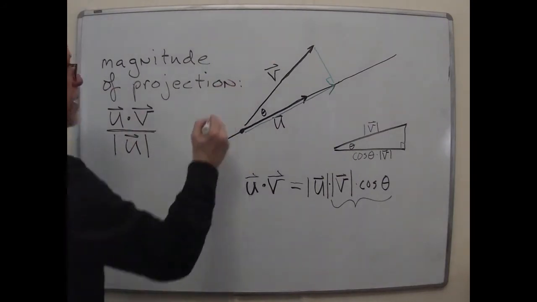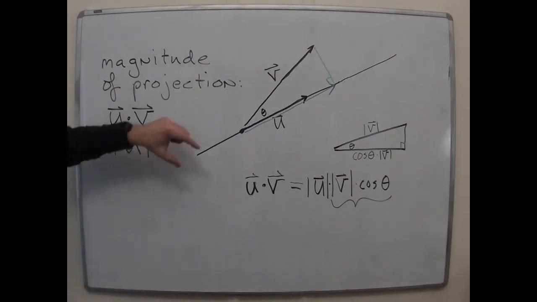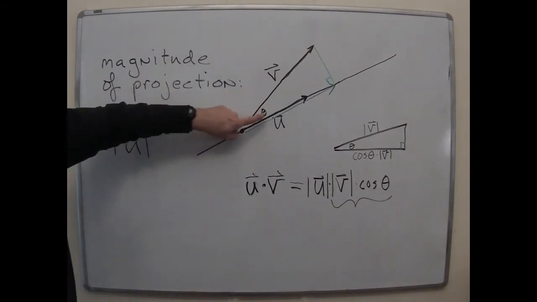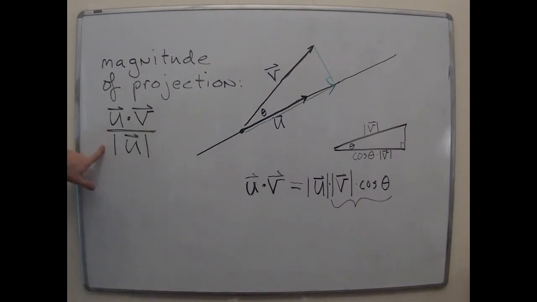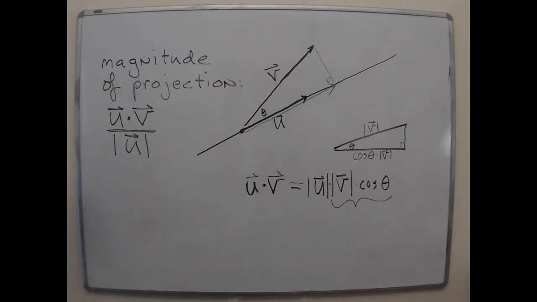Very nice. So if I actually want to know what the green vector is, here's the trick. Figure out a vector that points in the same direction as u does and is that long. What you basically need to do is turn u into what's known as a unit vector.